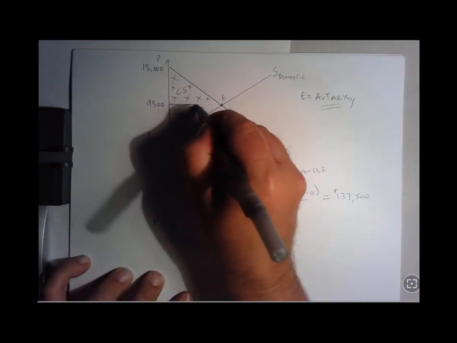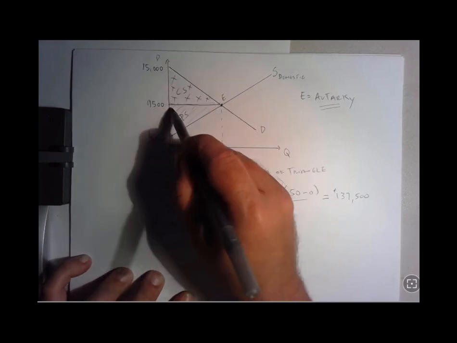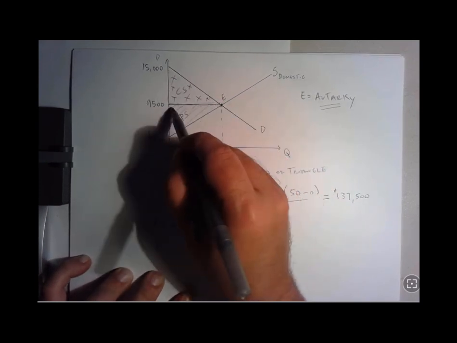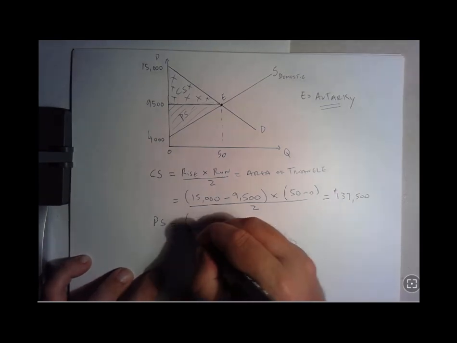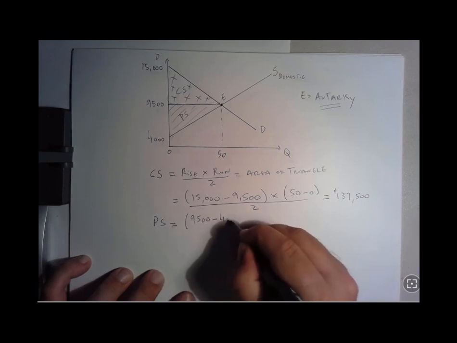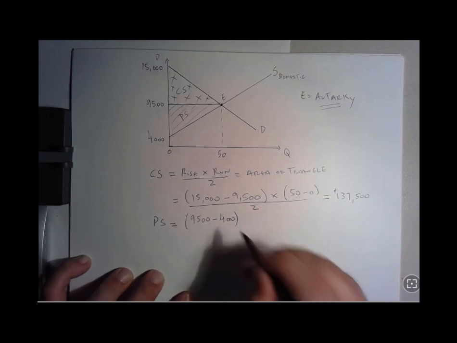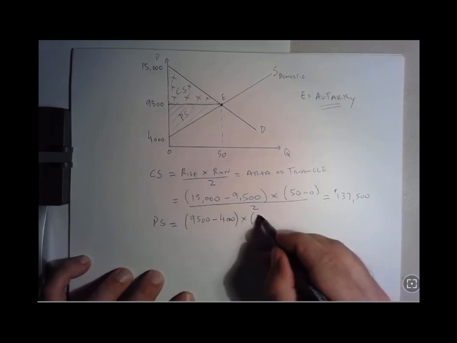The upper triangle, consumer surplus, the lower triangle, the producer surplus. So the producer surplus has a rise of 9,500 minus 4,000 times a run of also 50 units.